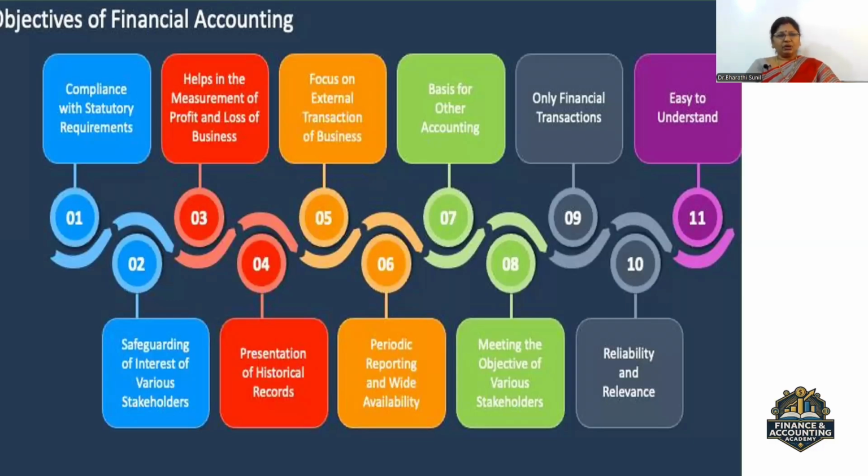Investors require financial statements for profitability. Employees require them for their growth aspects. Liquidity is required for creditors, and compliance is required for government. By taking all these aspects into consideration, financial statements are prepared.